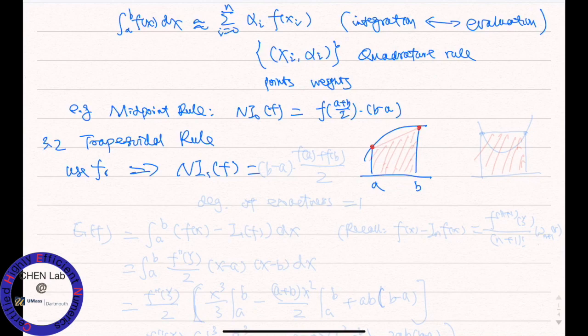I'm going to generate a degree 1 polynomial, which is of course just a straight line, so this red line, and I'm going to evaluate this. The area of the trapezoid, which we can simply write down. We certainly don't need to do this. It is (b minus a) times a half, f(a) plus f(b).